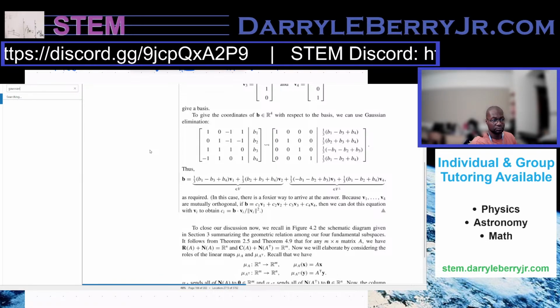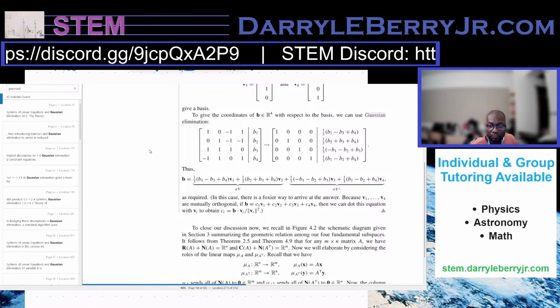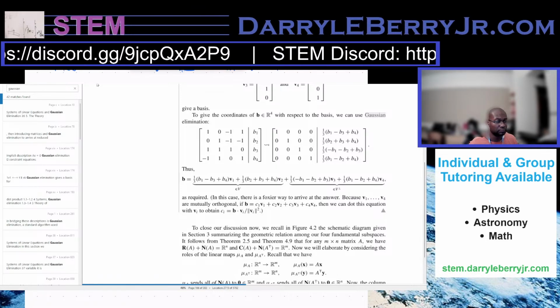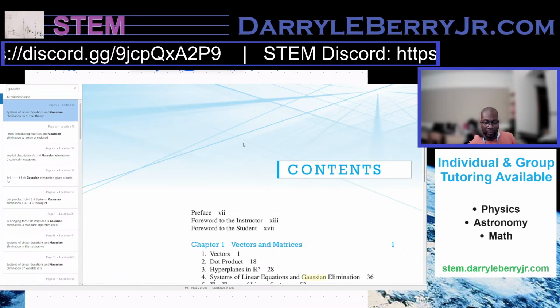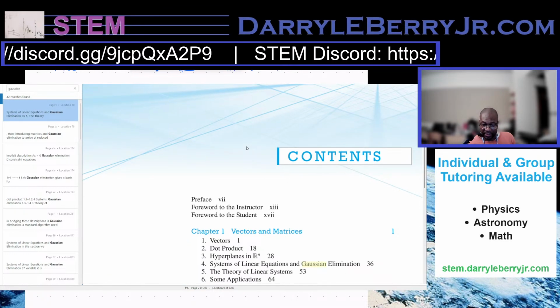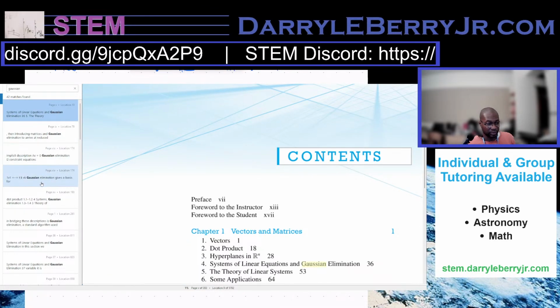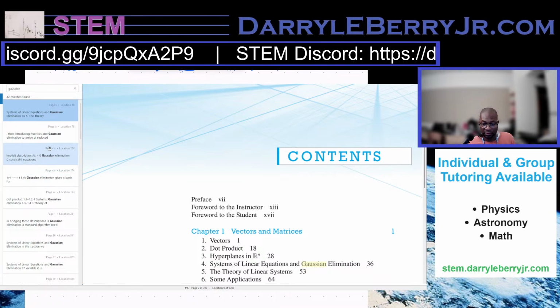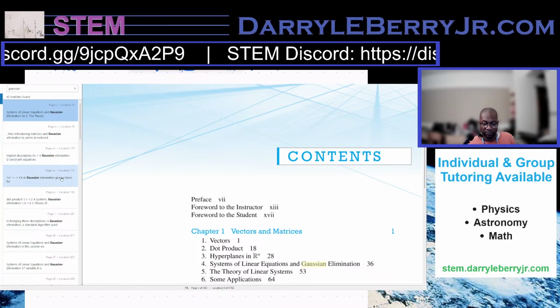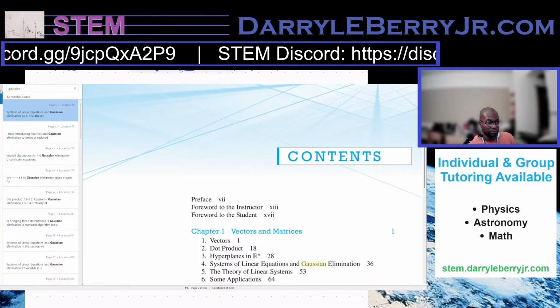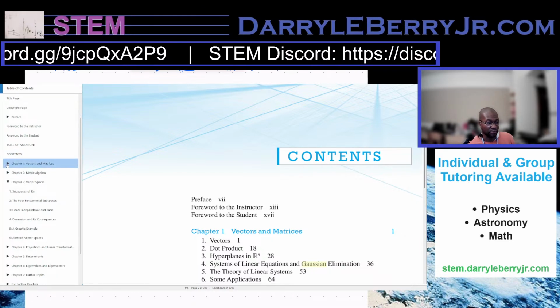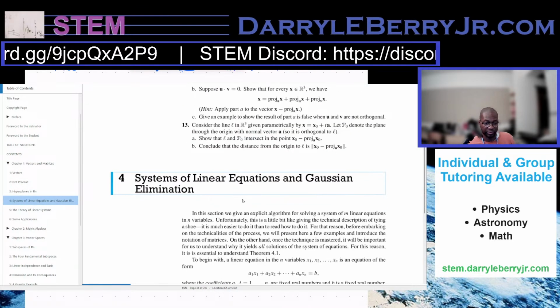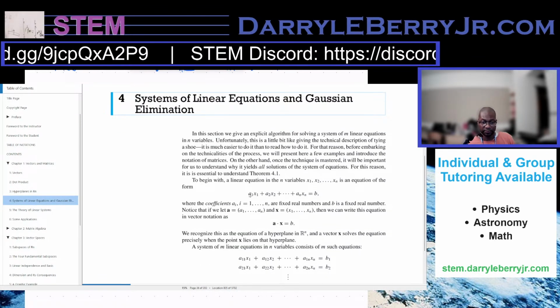I don't know why I wouldn't find the thing by searching for the whole thing. And it's way back in chapter 1, section 4. So apparently I need to review that because I don't remember Gaussian elimination.